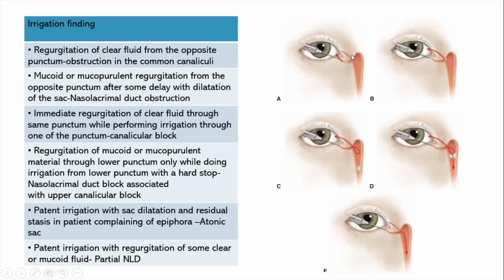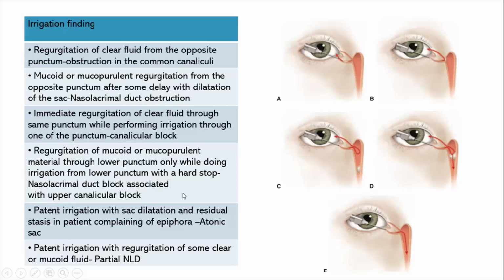If the regurgitation comes from the upper punctum, it could be a common canalicular block. If you get a mucoid or mucopurulent regurgitation, clearly it is from the sac. If it comes from the same punctum, it could be an NLD obstruction with an upper canalicular block. If a mucoid or mucopurulent regurgitation comes from the opposite punctum, it is a confirmation of your lower sac or NLD block.